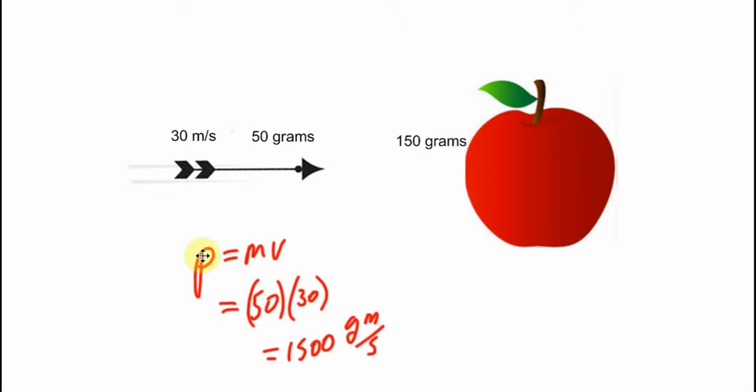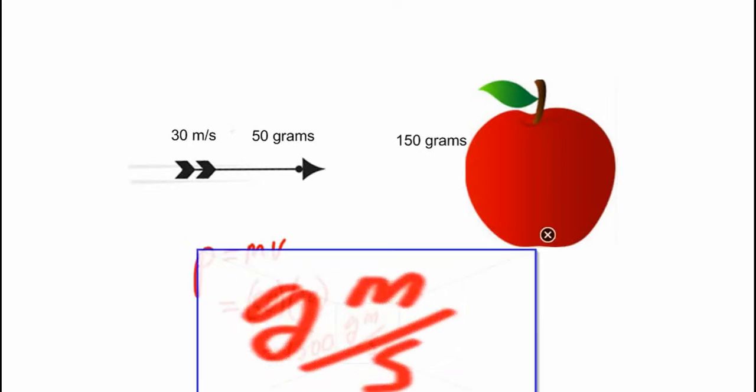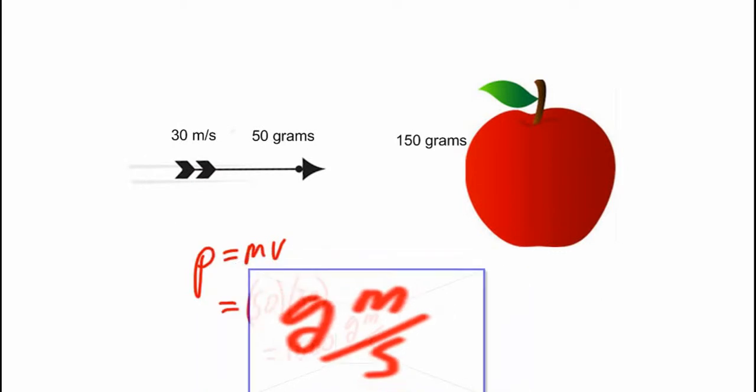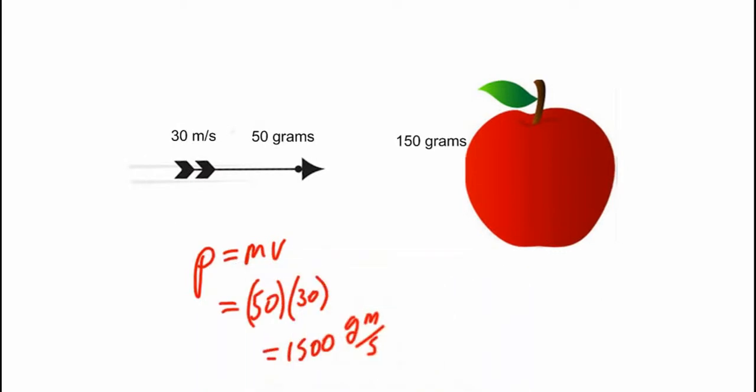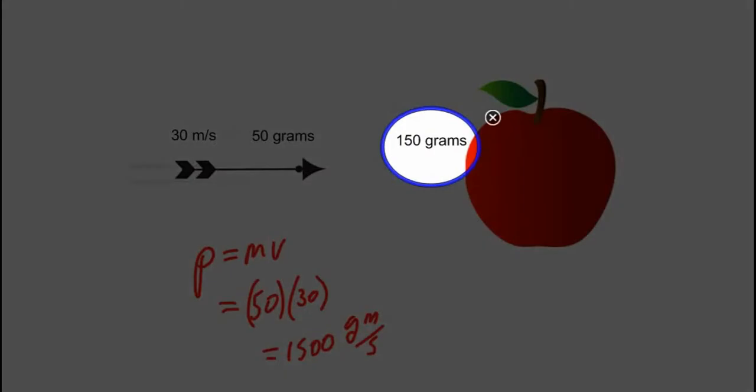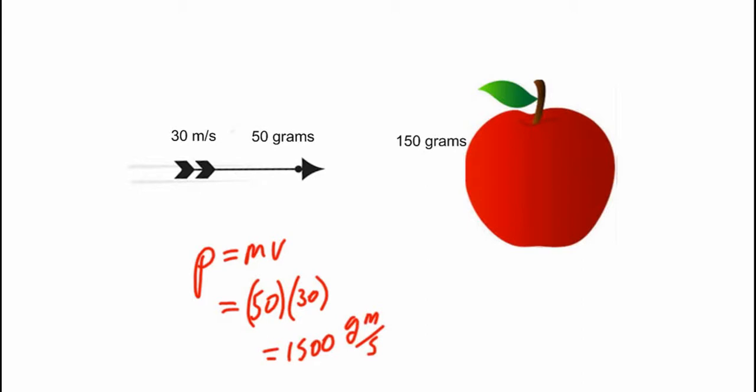And we notice that the units here are slightly different. This unit is grams times meters divided by seconds, which is not the normal kilogram meters per second. But it's fine as long as we always use grams. And we are. We'll notice that for our apple, we're going to use 150 grams, and in the subsequent problem, we're also going to be using grams. So we have 1,500.